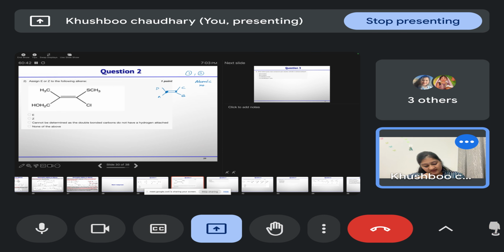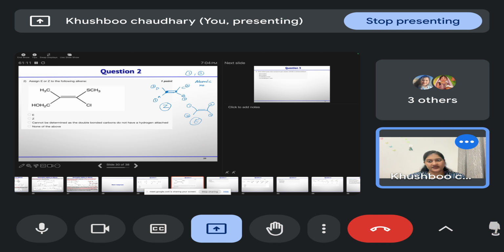If the same priority groups are on the same side of the double bond, we call it Z, and if they are on the opposite side of the double bond, we call it E. So this is your Z isomer, this is your E isomer. Is this clear?